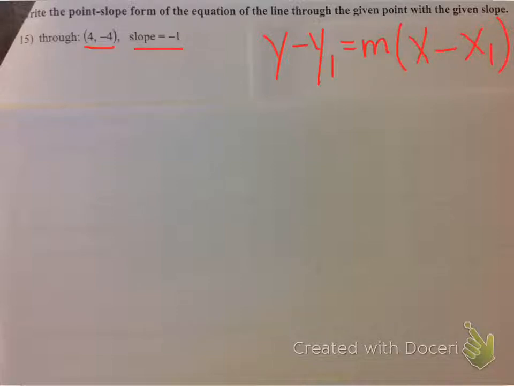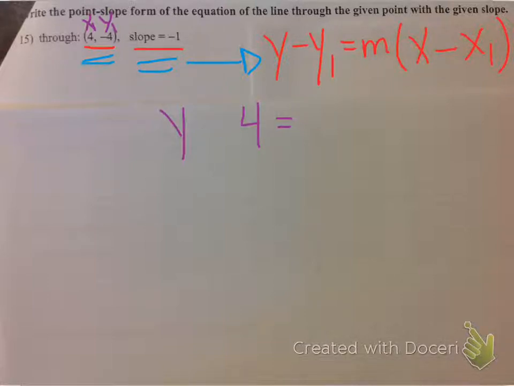Alright, so y minus y sub 1 equals m, open parentheses, x minus x sub 1, close parentheses. So all we have to do is plug in this point and this slope into this equation, and it looks like this. Y minus y1, here's my y1 and x1, equals, what does this become?